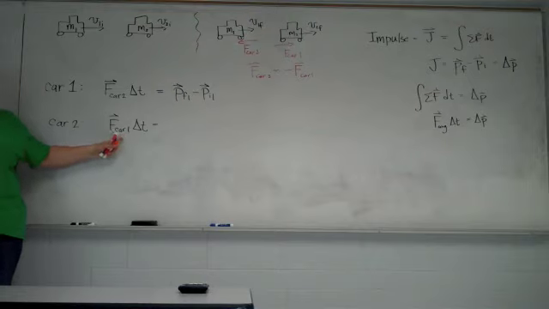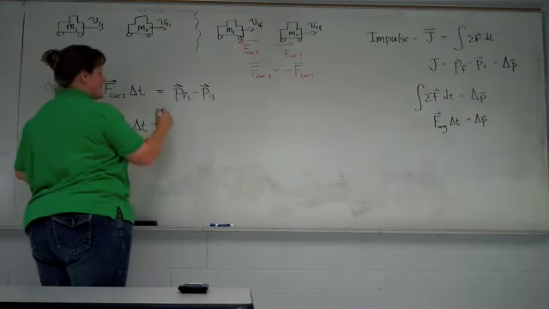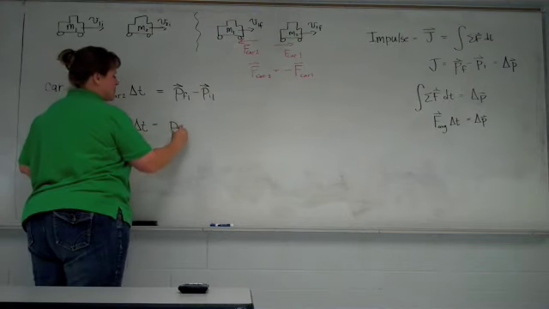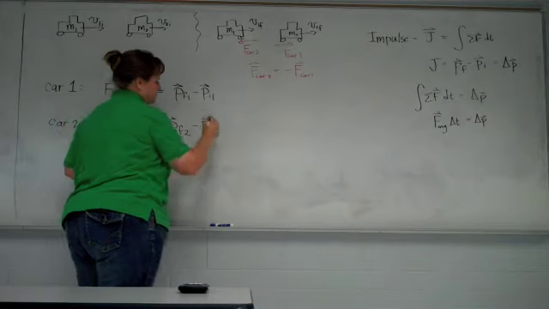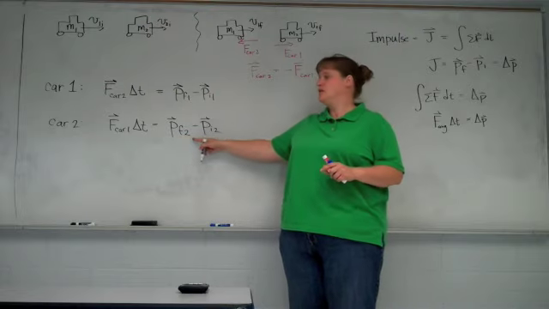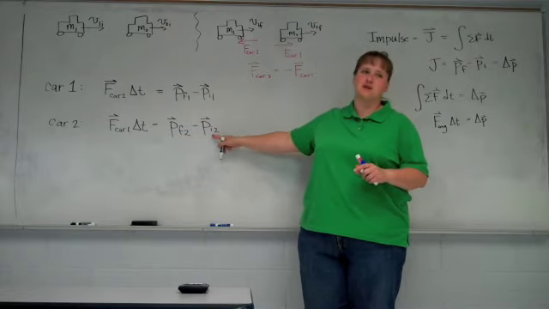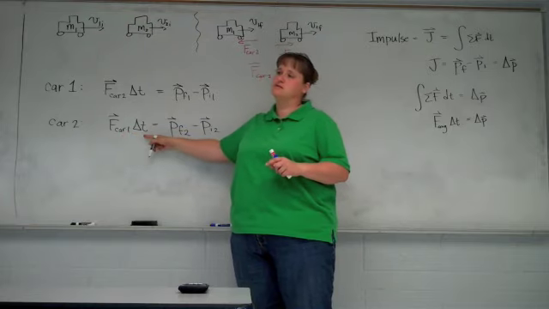Car 1 exerts a force on car 2. That collision lasts some period of time. Well, force times time has to equal the final momentum minus the initial momentum. So the final momentum of car 2 minus the initial momentum of car 2 is equal to the force of car 1 times delta t.